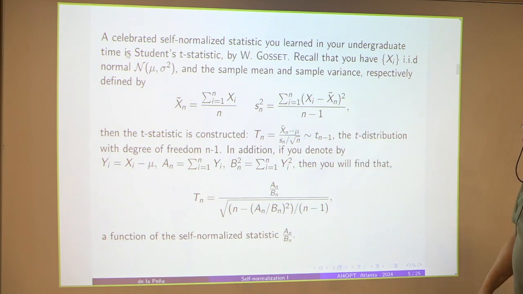So, we call these variables the normal variables, right? The Gaussian variables. So when Gauss was working on his study of the distance to the stars, every time he measured it, it was a little different.